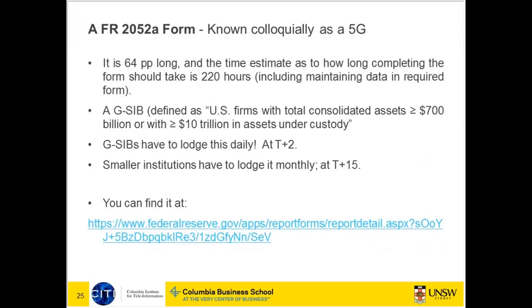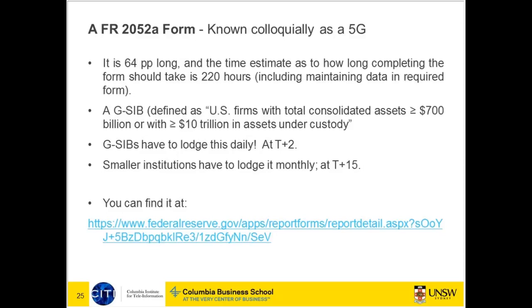And I've been talking a lot about how much data the regulators have. Well, this next slide, Form 2052A, is a very good example. This is a form that in the US, at least, globally systemically important banks, GSIBs, have to lodge daily. They have to lodge at T+2, in other words, 48 hours after the day that it's relevant for.